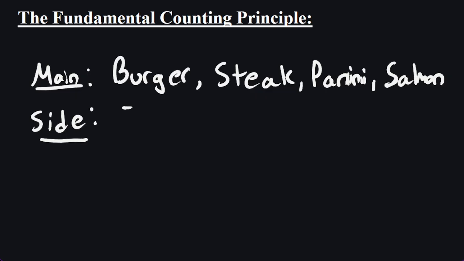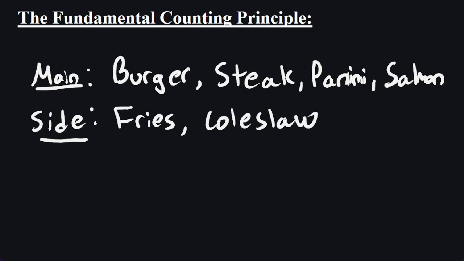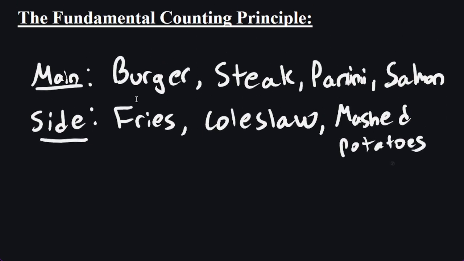Let's say there are fries, coleslaw, or mashed potatoes. And my question is, how many possible meals are there if you can have one main course and one side? You have one main course and one side.